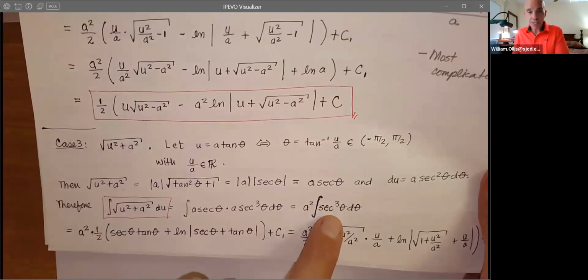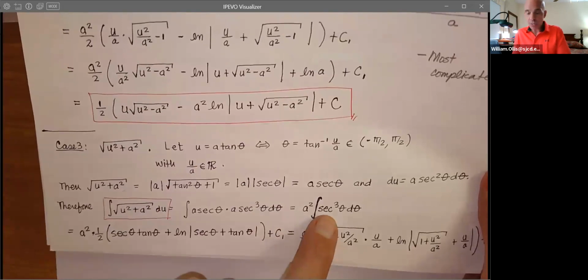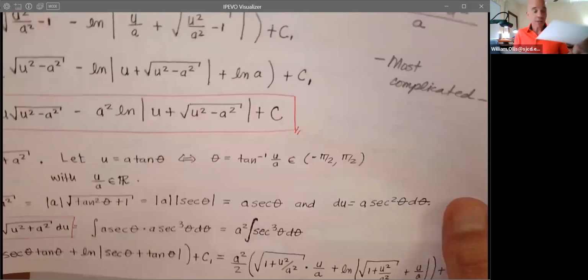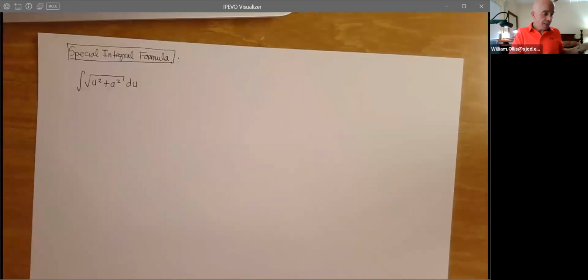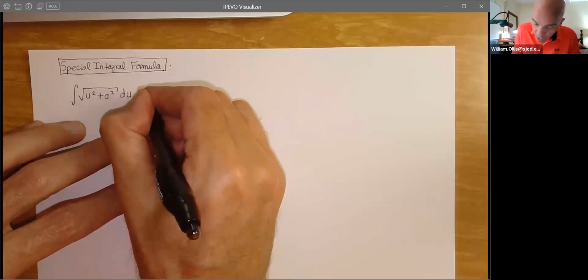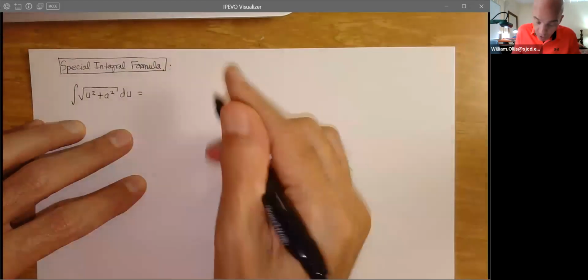And you get our famous secant cubed integral, which we actually computed last week. So these formulas can be derived using the trig substitution technique. So what I want to do is summarize this and show you how you can use it, just like we did the reduction formula.